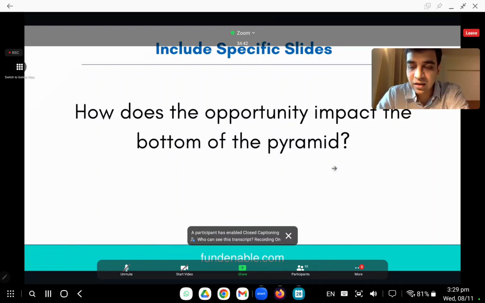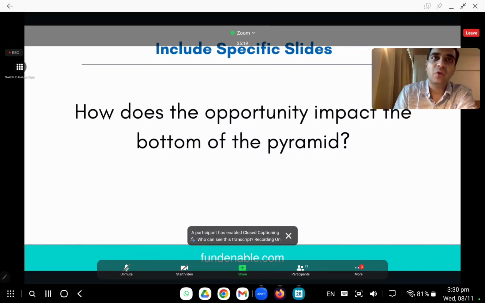Is the income of the farmer increasing by this much percentage, or in a season where there is a challenge with production, is there an ancillary income that comes in handy for the farmers and is very important for them? So what are the metrics basis which you are saying you are a social impact opportunity has to be put out in the deck. When you reach out to specific social impact investors, there has to be a slide or two on how this opportunity impacts the bottom of the pyramid.